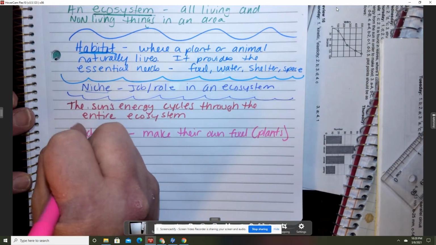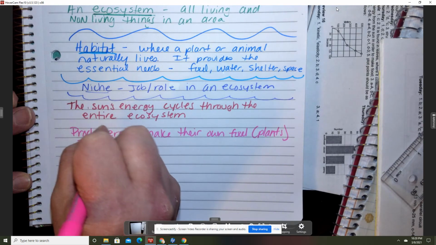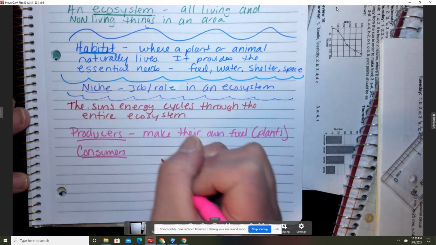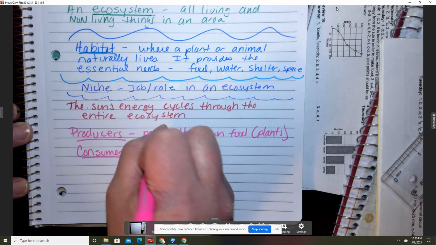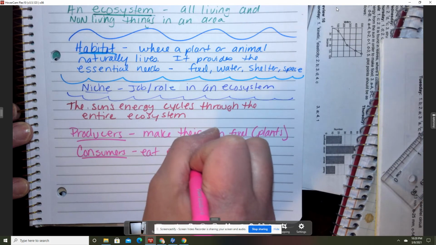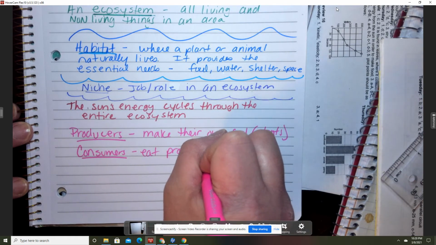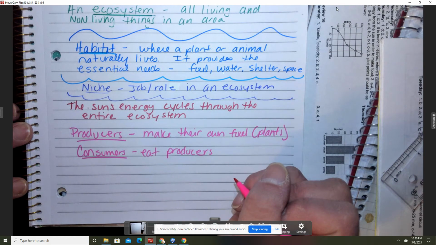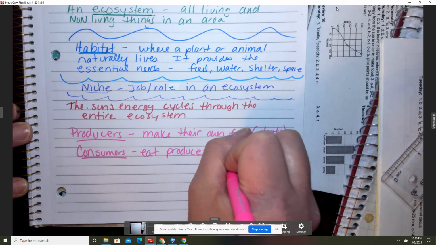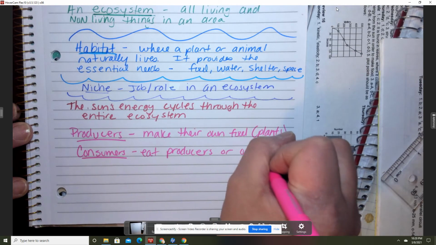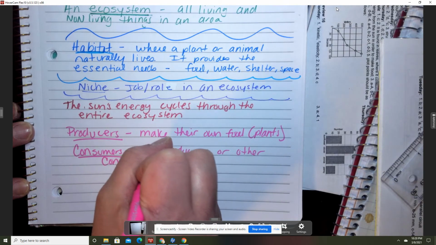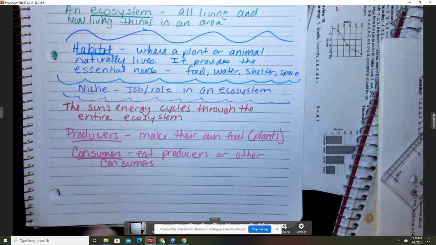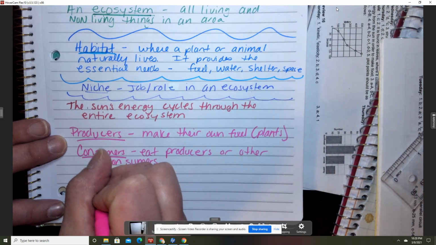Then we've got consumers, who can't make their own food, so we eat producers. So we're getting that sunlight, that energy from the producers, or other consumers who have eaten producers. Okay. So that's how the sunlight gets to us that way.